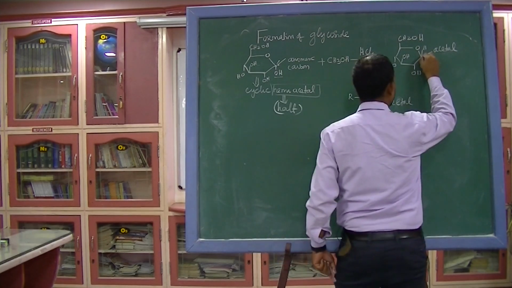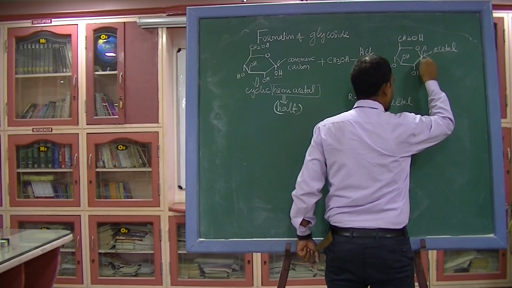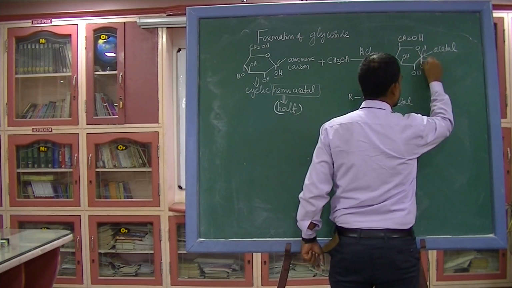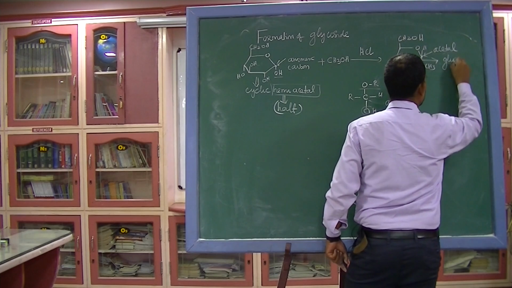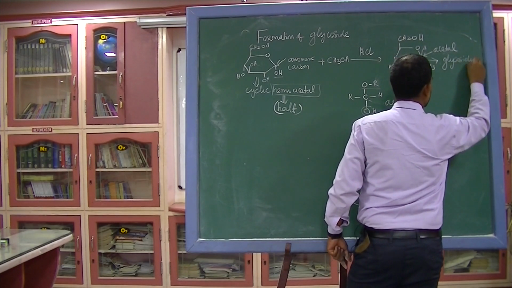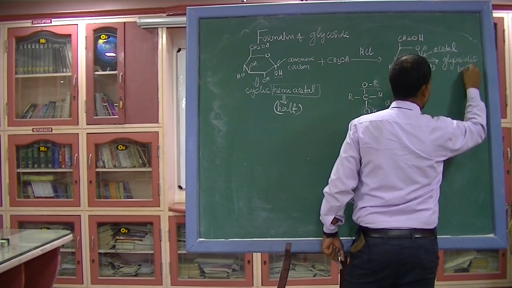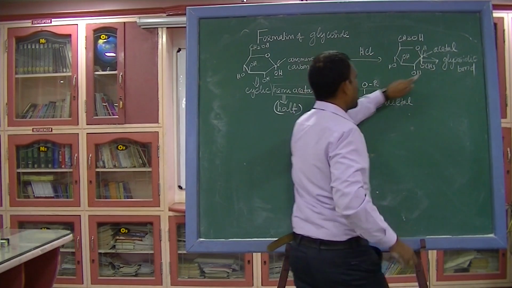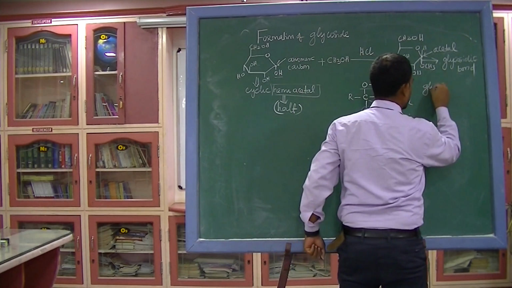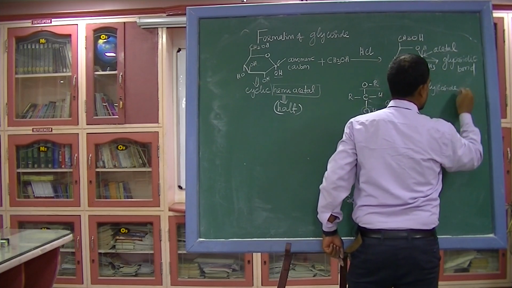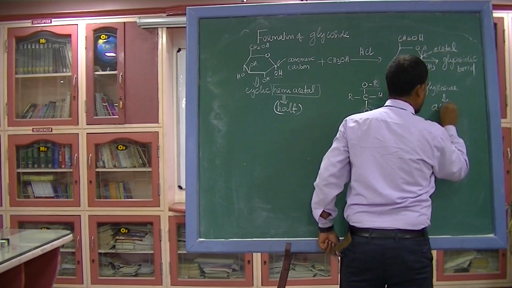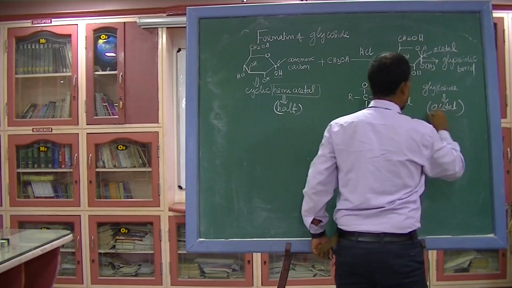So the bond between this anomeric carbon and this alkoxy oxygen is nothing but your glycosidic bond. So glycosides are nothing but acetals.